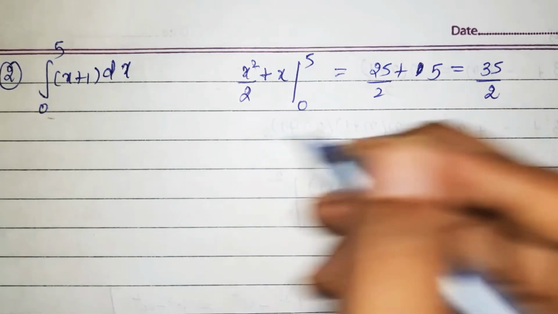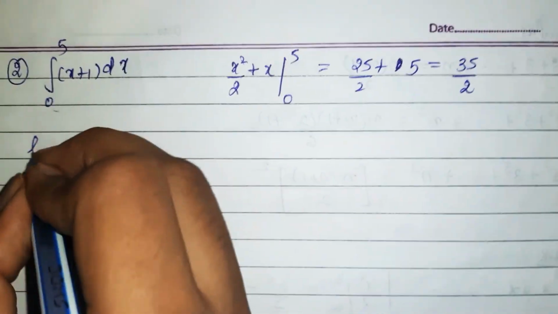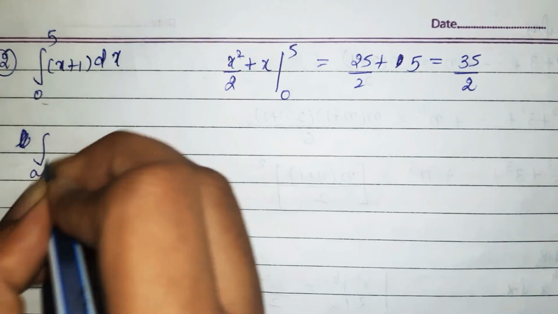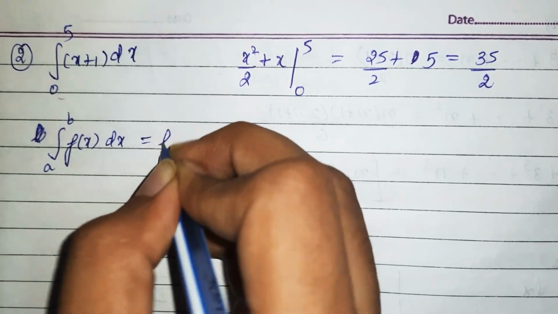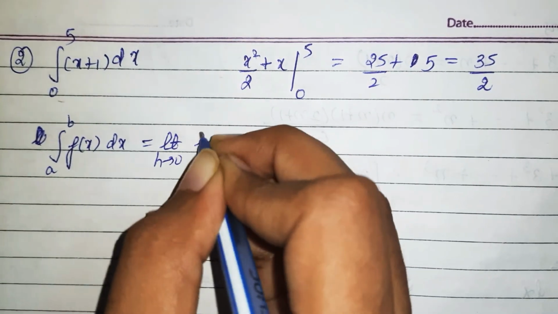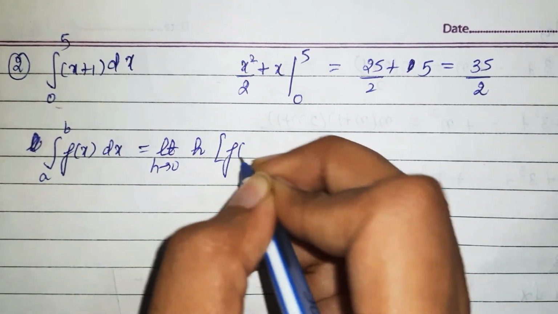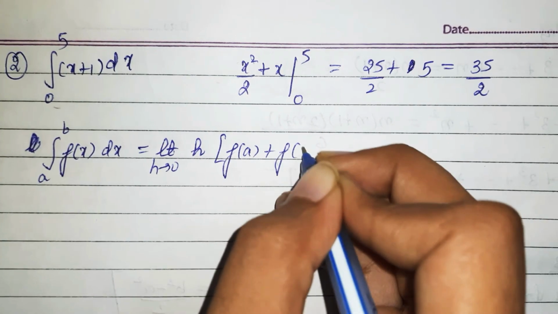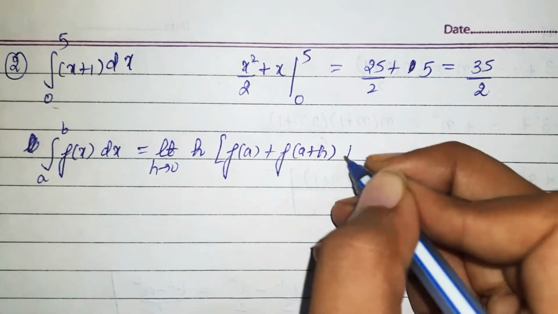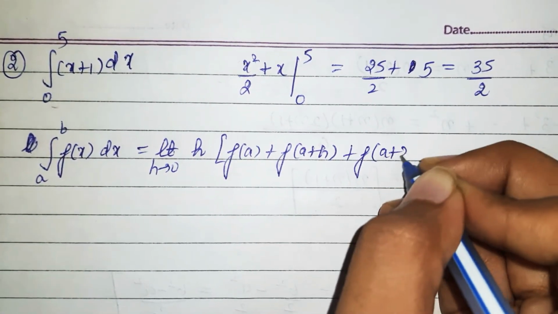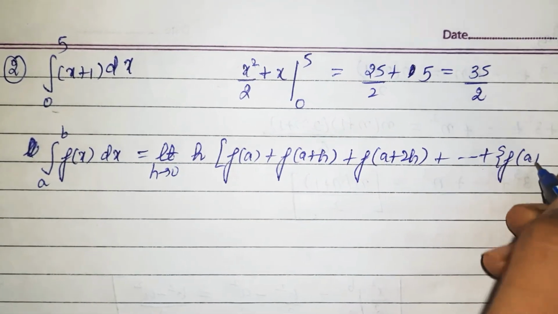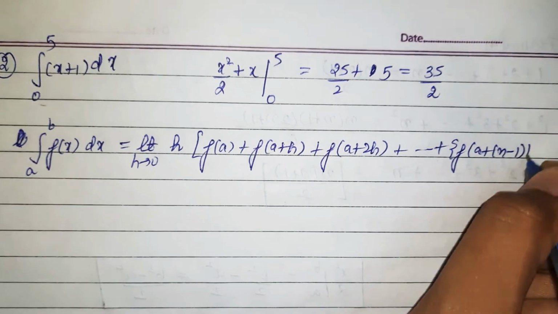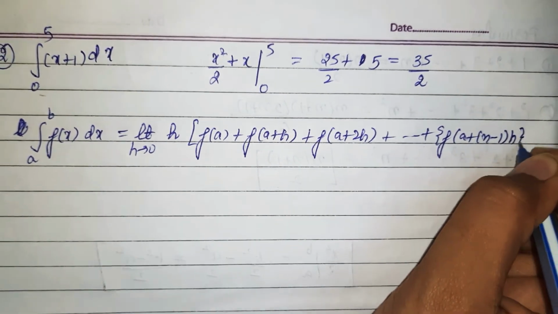Now again, if I talk about the algorithm, what you need to do? From a to b, this is the formula, as a limit of a sum. So limit h tends to 0, h times [f(a plus h), f(a plus 2h), and f(a plus (n minus 1)h)].